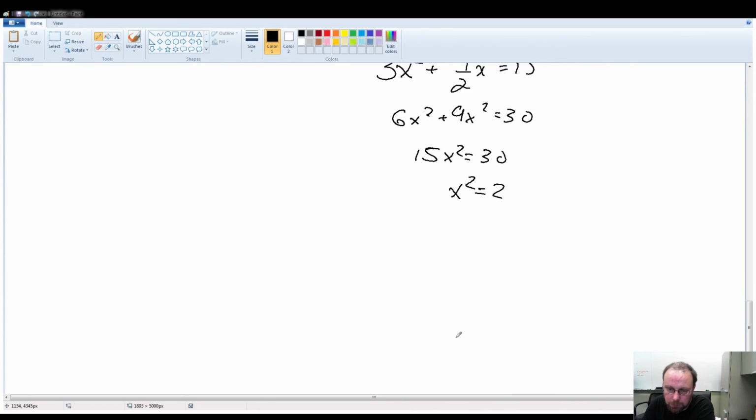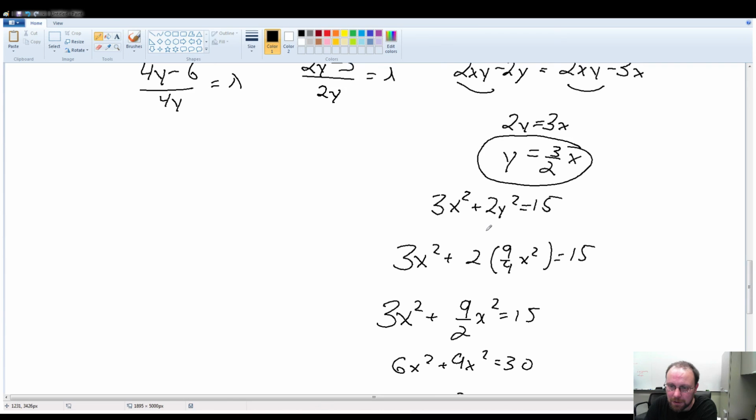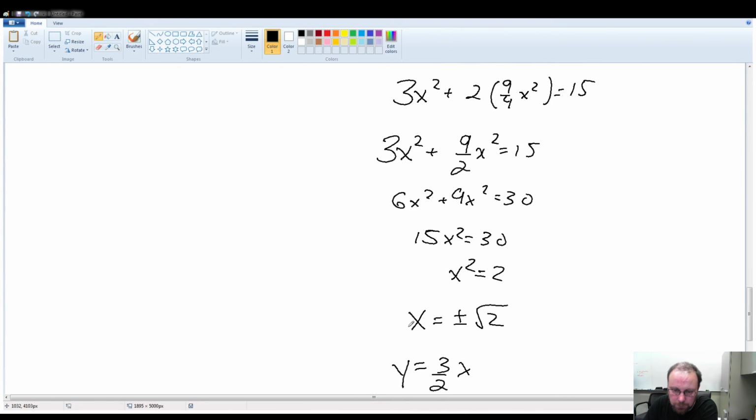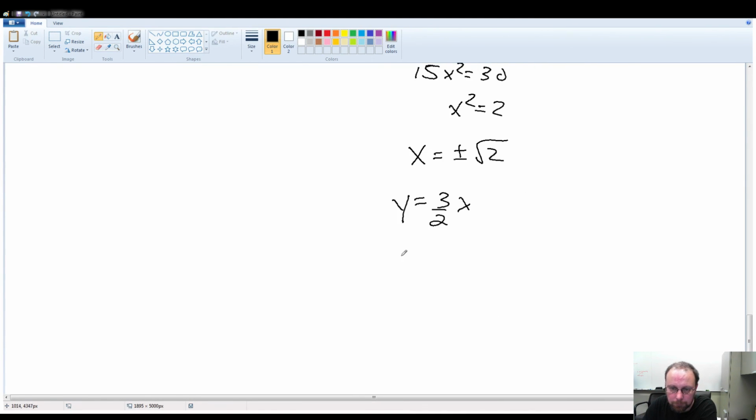So x is plus or minus square root of 2. Alright, so if that's x, what's y? Y is 3/2 of x. So y is plus or minus 3 times square root of 2 over 2.